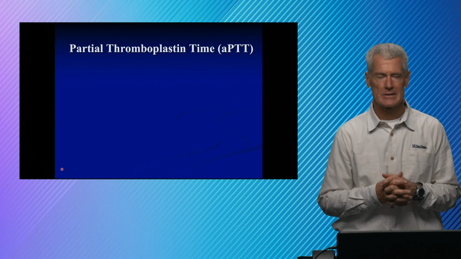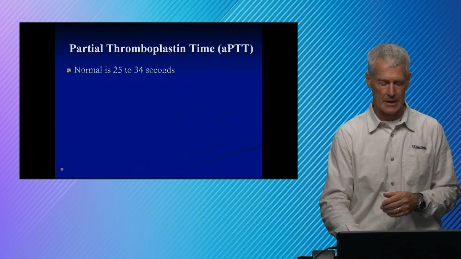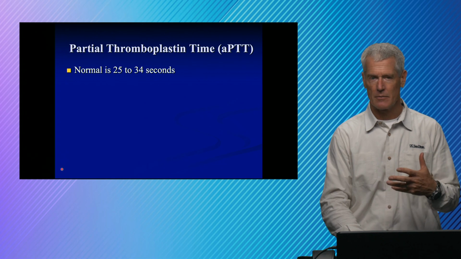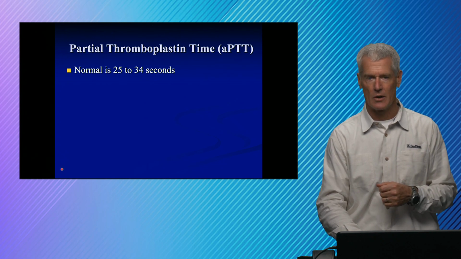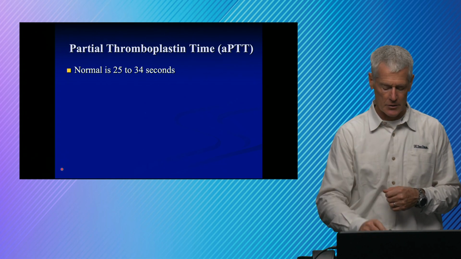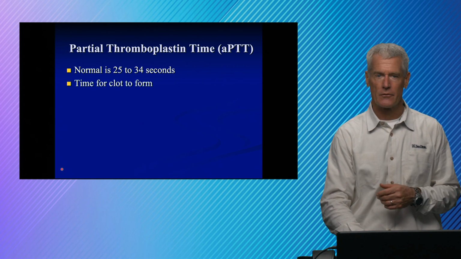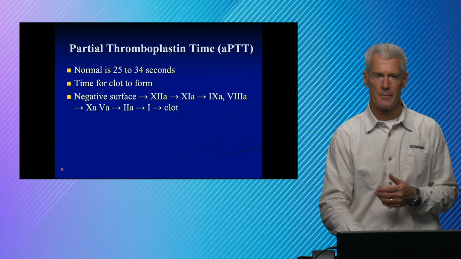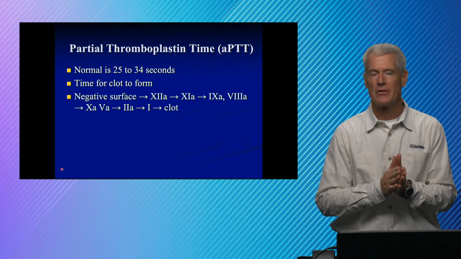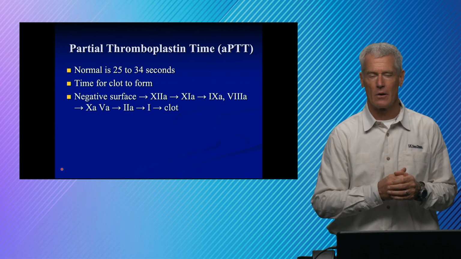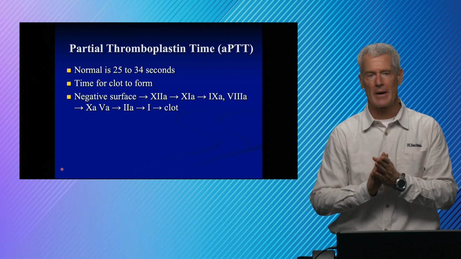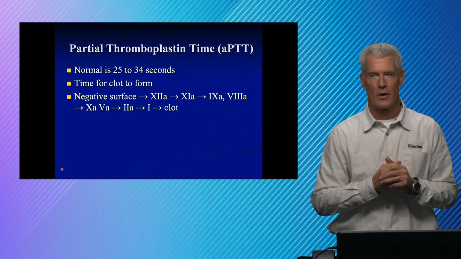Partial thromboplastin time, a PTT, takes a little bit more than twice as long, so 2 or 3 times as long. So normal is about 28 seconds, and it's time for a clot to form. And basically, it's activated in a different way. So instead of coming down the factor 7 pathway, we're going through the factor 12 pathway.